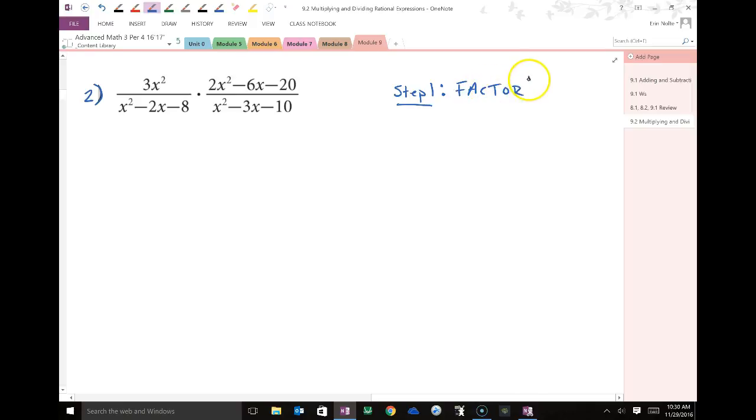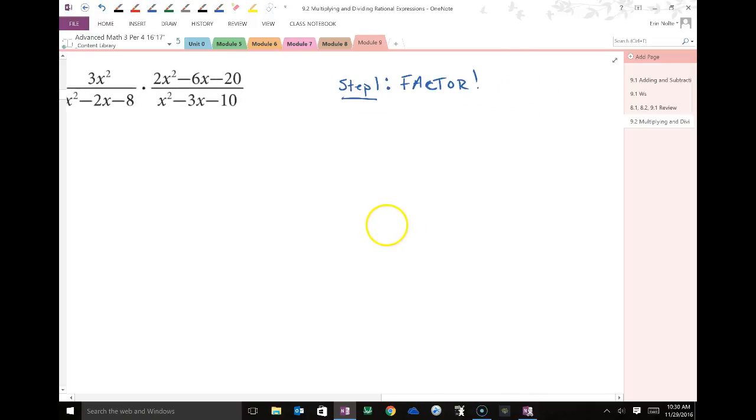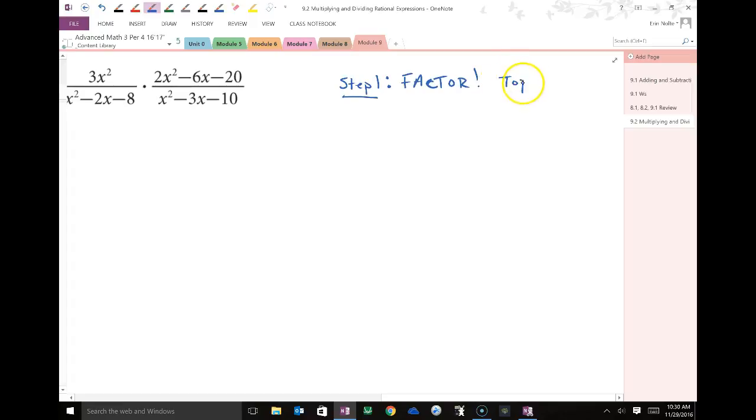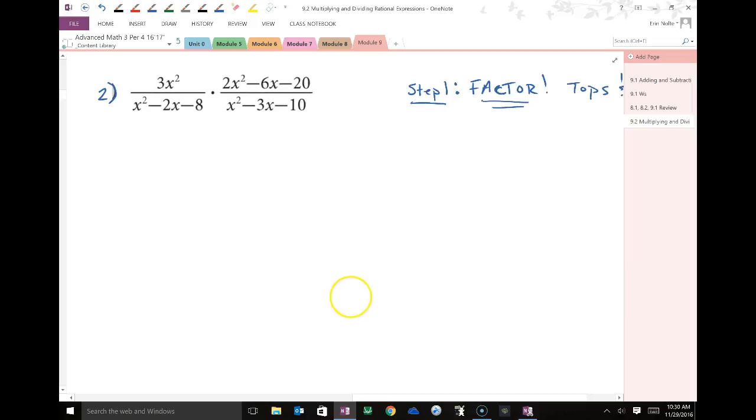Factor, factor, factor. Factor the tops and the bottoms. Okay, so let's do that. 3x squared, can I factor that?